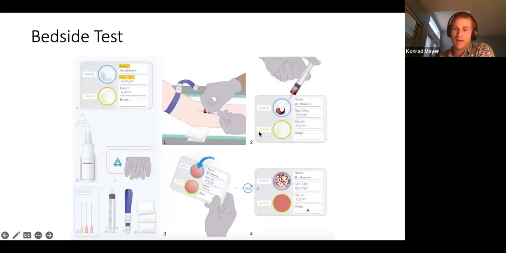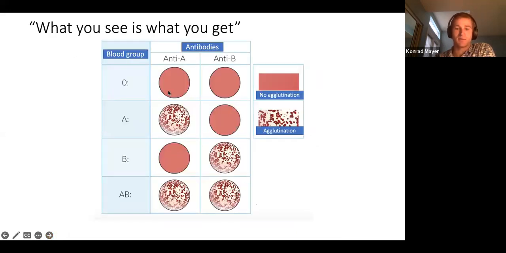Depending on which one agglutinates and coagulates, the blood group is determined. Because this is so important, it is very important to understand the ABO system and which person has what antigen and what antibodies. So anti-A, anti-B, and this next slide shows the various combinations of what can happen.